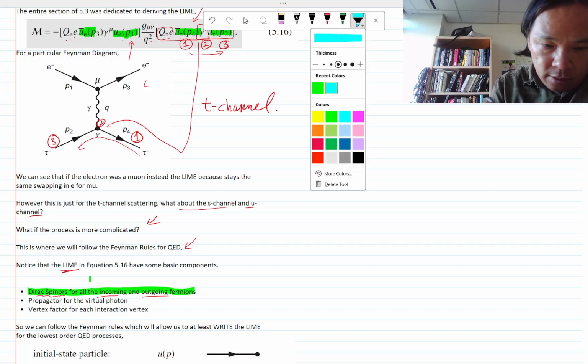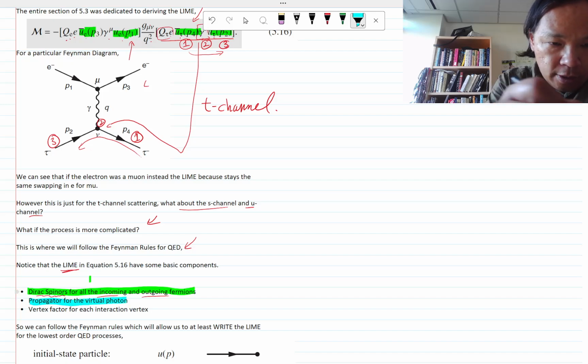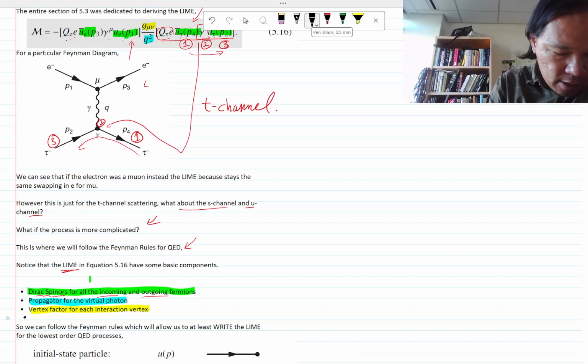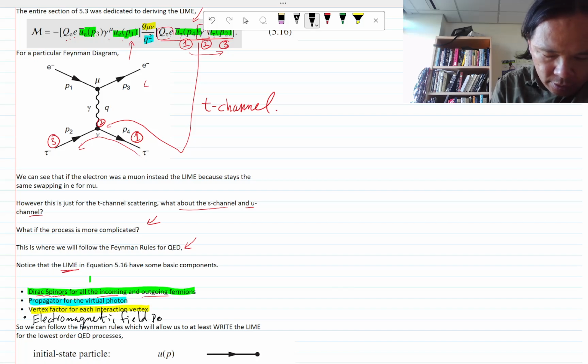Then the next thing I can do is blue. There's this propagator thing. And there's also this vertex factor. Let's do that in yellow. There's also one more thing I forgot about, the electromagnetic field potential.